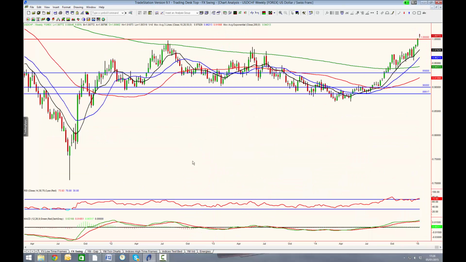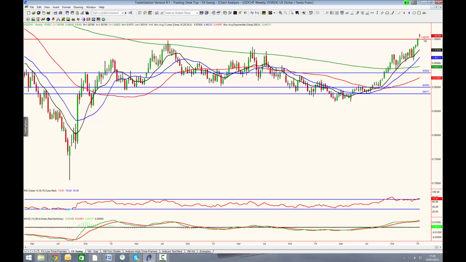So if I open up the weekly chart, I'll explain why. Through 2014 we've had a lovely trend here. The market has just become very overextended over the past few weeks, and you can see that we've now broken through a key level here. This is a parity level, the 1000 level.